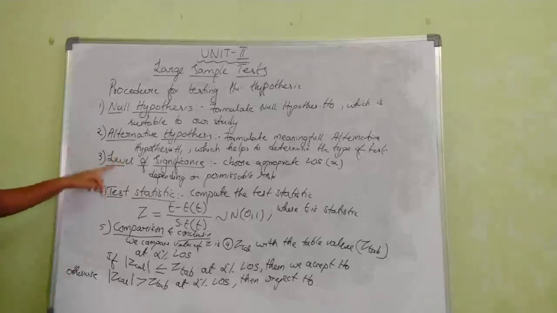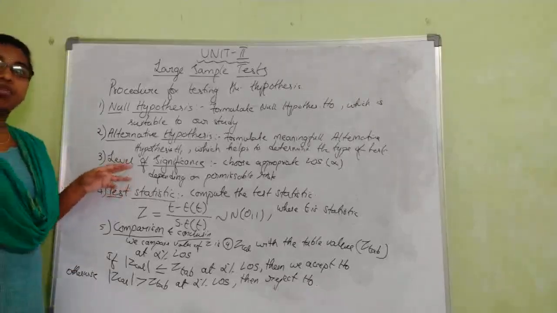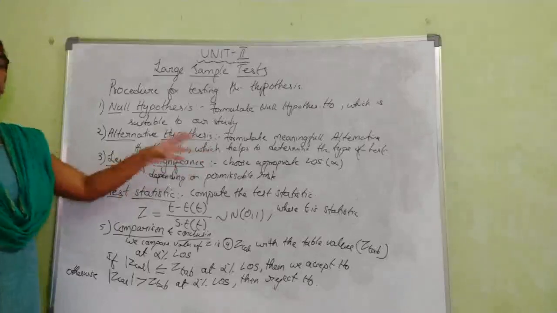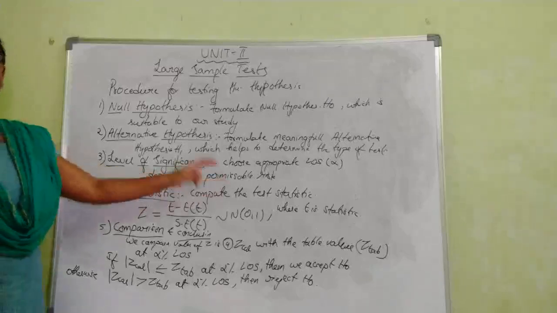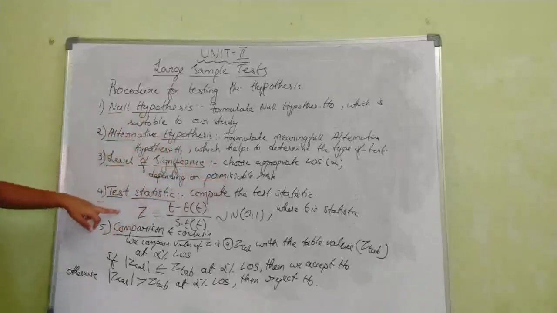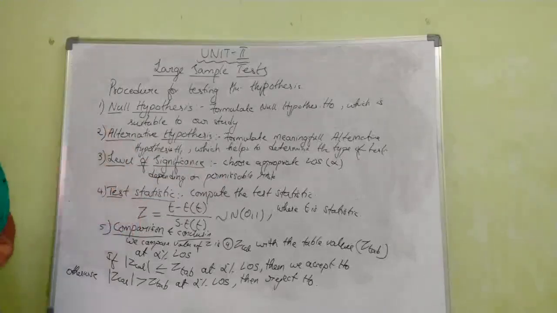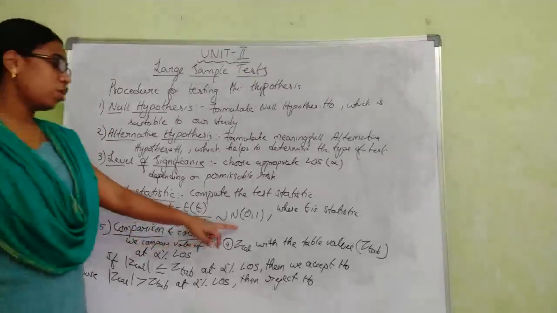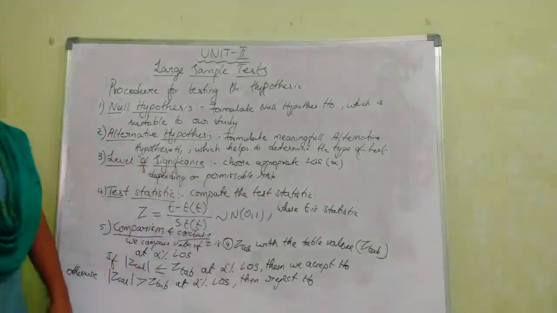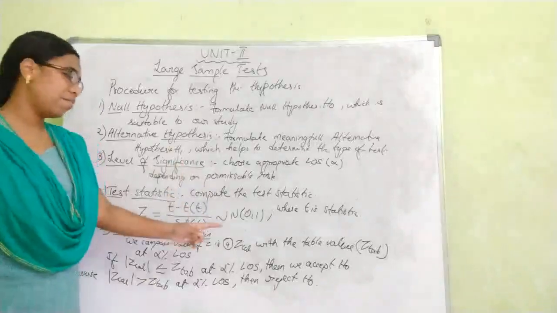This is a fixed, predefined value, fixed before drawing the sample itself, and we choose alpha depending on the permissible risk. Next, we define the test statistic. For large samples, we consider the standard normal variate, that is Z equals T minus expectation of T by standard error of T, which follows normal with 0, 1, where T is the statistic which depends on the population from which the sample is drawn.